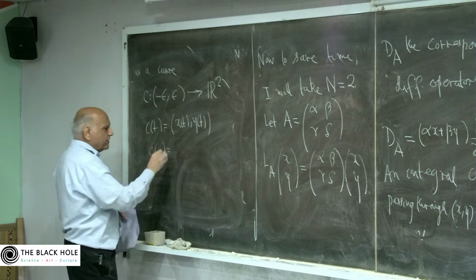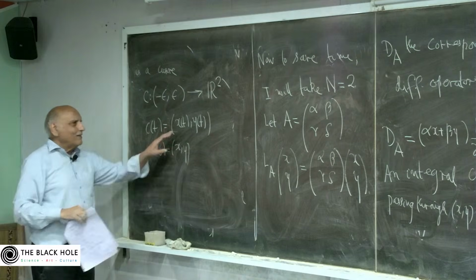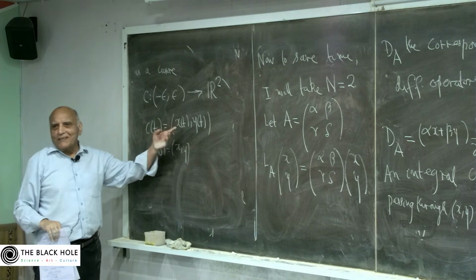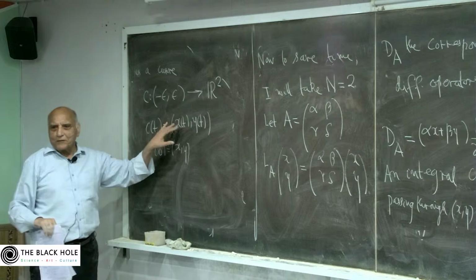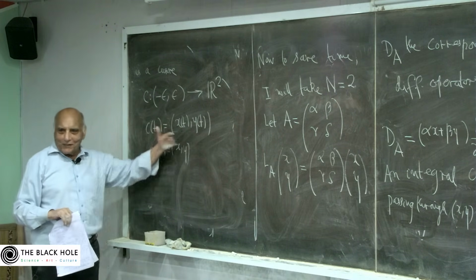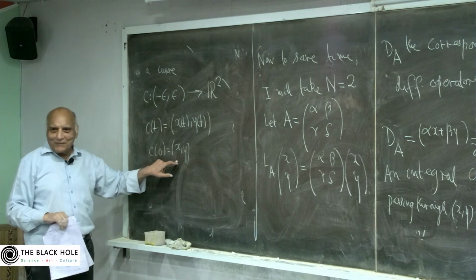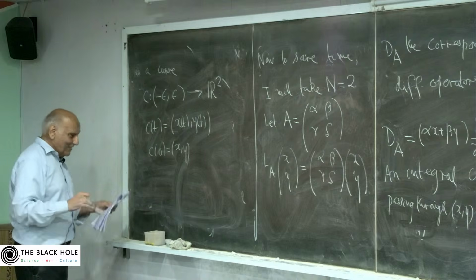It's unfortunate notation, but in my notes I called them f(t) and g(t). It's understood that this x is different from this x.